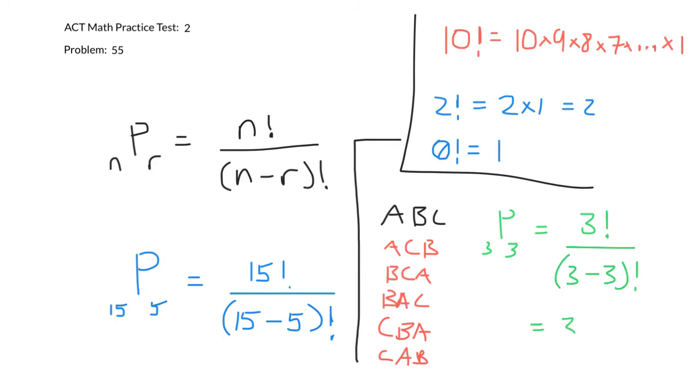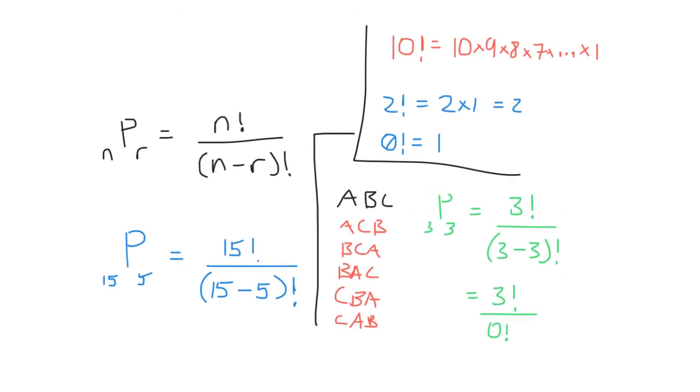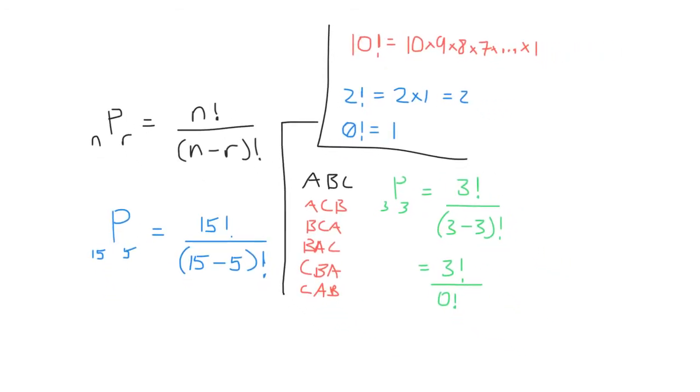And therefore, it would be 3 factorial all over 0 factorial, which is really simply 3 factorial over 1. Because as I said before, 0 factorial is just 1.